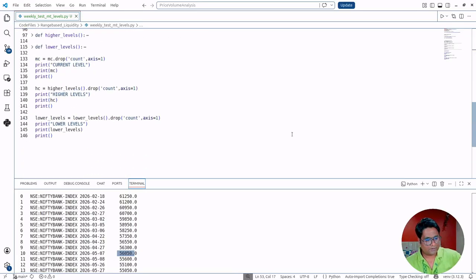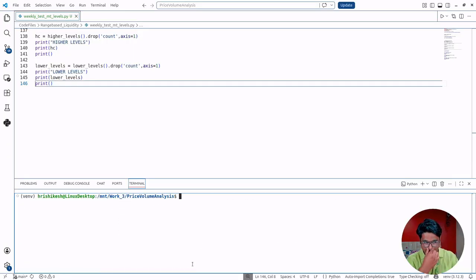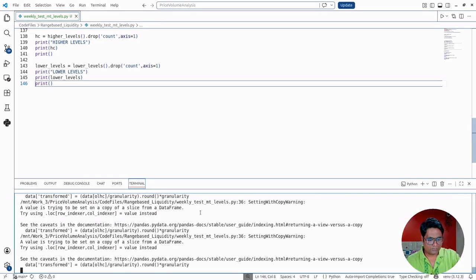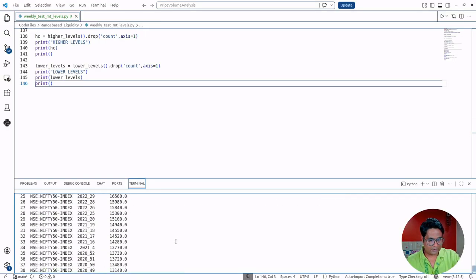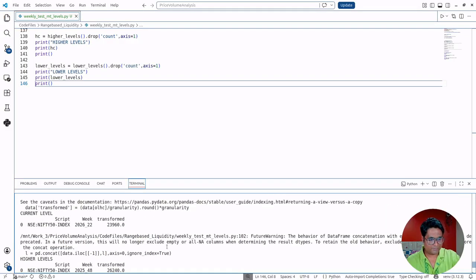Let's see which levels it fetches. Let me clear the terminal. Yes, so these are the levels: lower levels, upper levels. Current is 23,960.